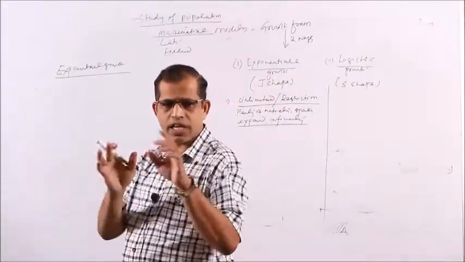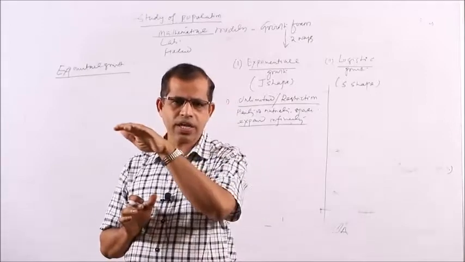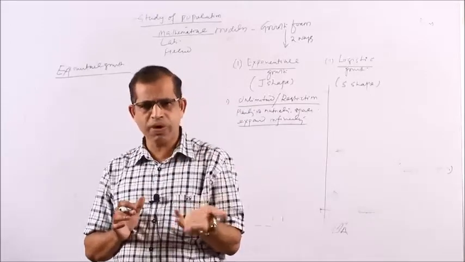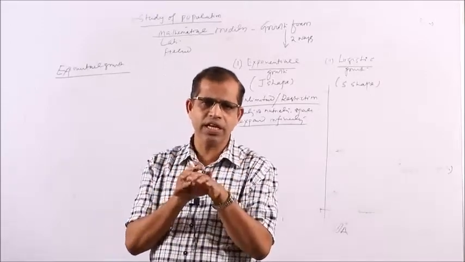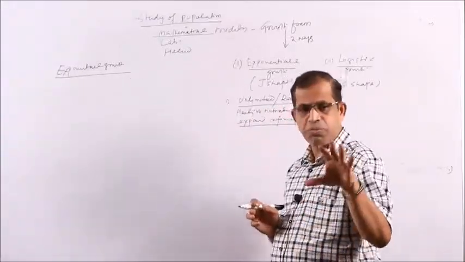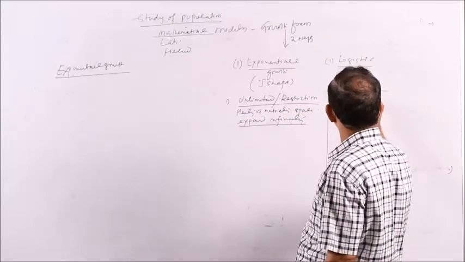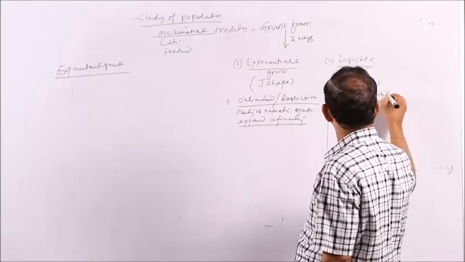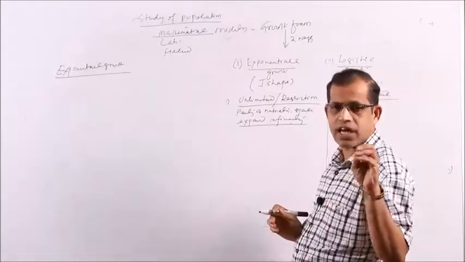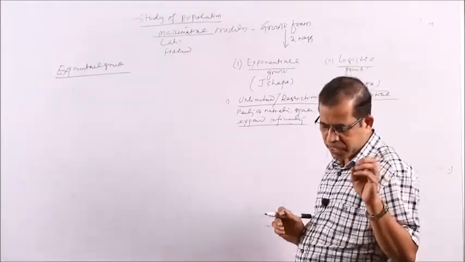Everything is limited, there is a borderline beyond which you will not find these things. That means here there is a carrying capacity concept, which I will come to. In nature, which is more practical, certain things are restricted. Food and space are limited.